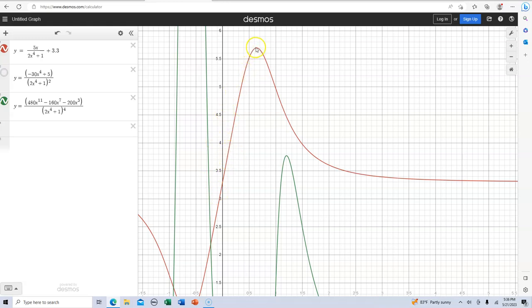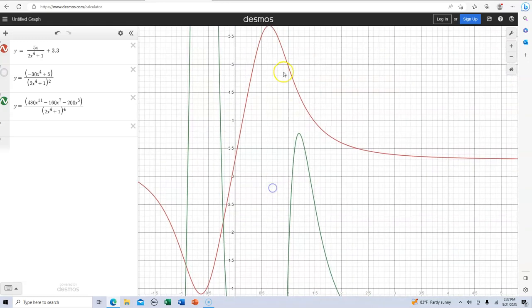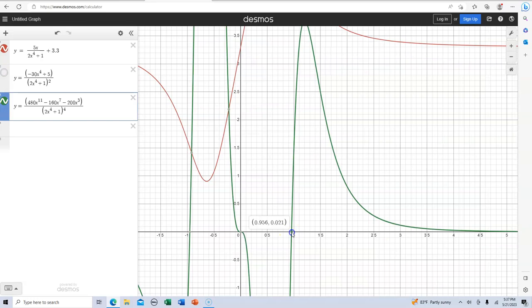And that all makes sense to me. Certainly decreasing to about a point at 0.955. So what are we saying here?